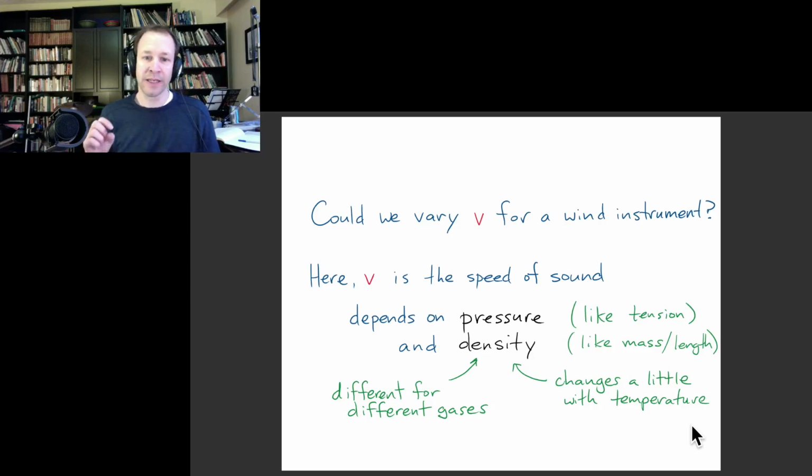If the air gets hotter, the molecules end up more spread out if the pressure is fixed, so it's a little bit less dense. When the air is colder, it's a little bit more dense. So either a change in pressure or a change in temperature would give you a slightly different speed of sound.